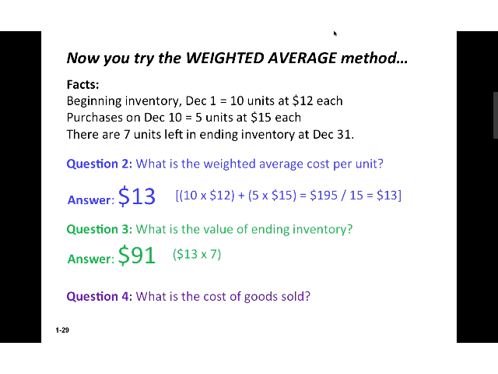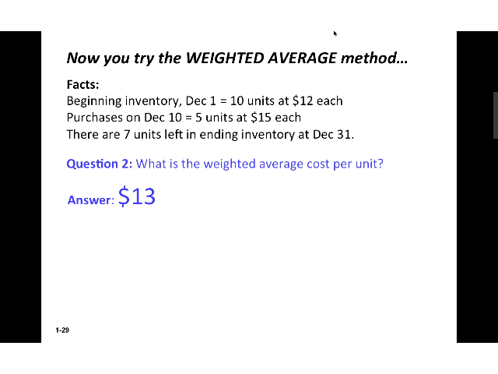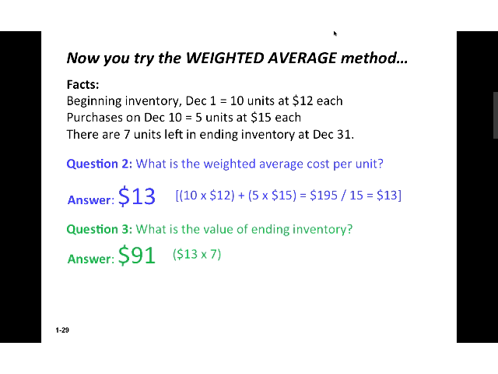Okay, cost of goods sold. I want to go back to question 1 just to remind you. So I'm going backwards here. Question 1, how many units were sold in December? We had to calculate that as 8. So keep that in mind as you're answering question 3 or 4. What's cost of goods sold? That's where your 8 would have come from.